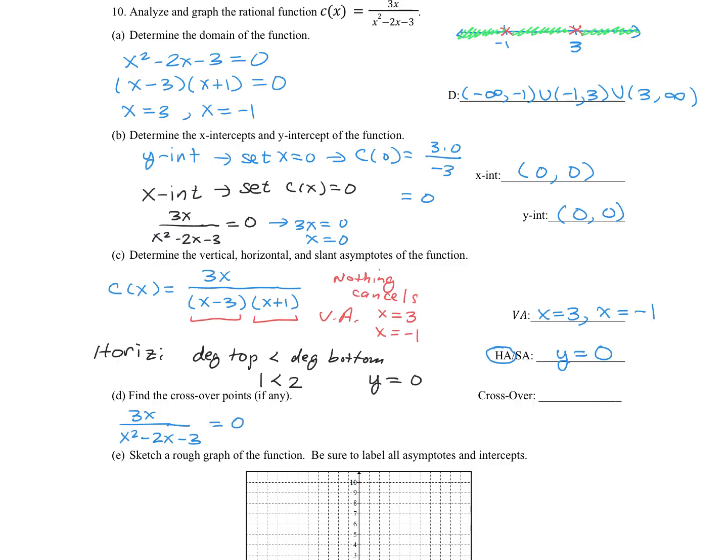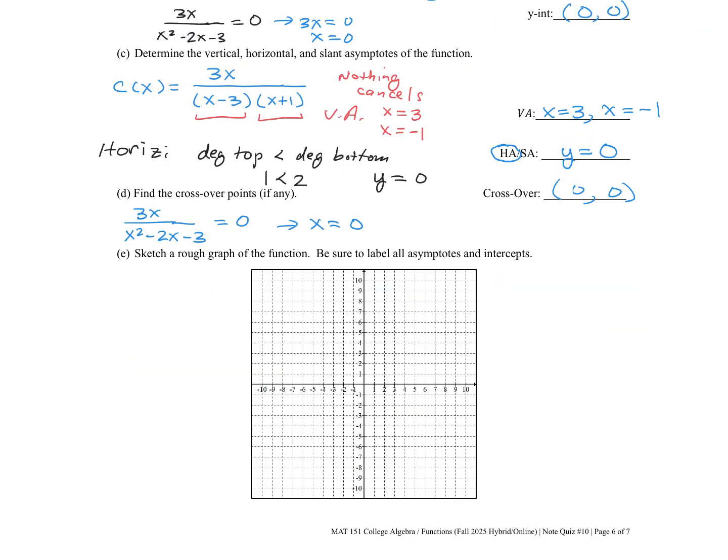And we just solved that a few minutes ago when we found our x-intercepts. That implies that x equals 0. So the crossover point is also 0, 0. So we've got an x-intercept and a y-intercept and a crossover point all being the origin. That's simple to remember, but it's also not a lot of information for graphing, which is unfortunate.